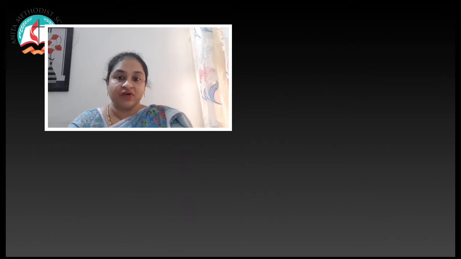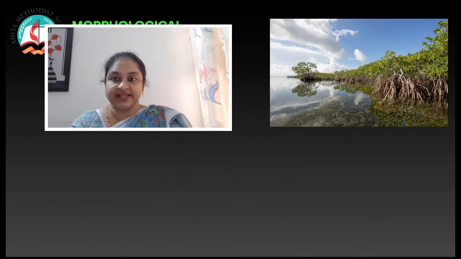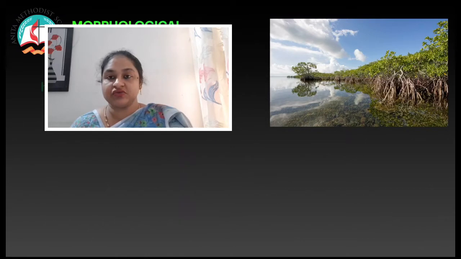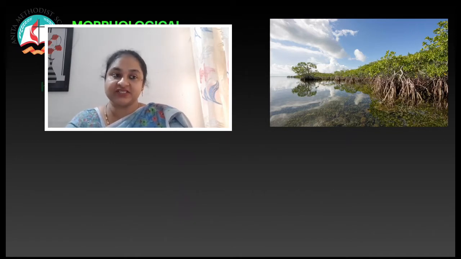About the morphological adaptations in halophytes. The temperate halophytes are herbaceous, but the tropical halophytes are bushy and they have normal roots, and many stilt roots are also developed in these plants. Negatively geotropic roots called pneumatophores with lenticels are present to get sufficient aeration.